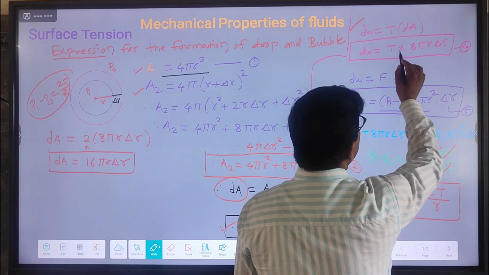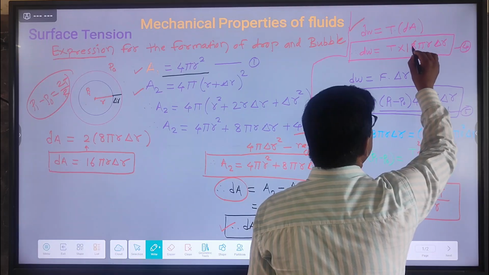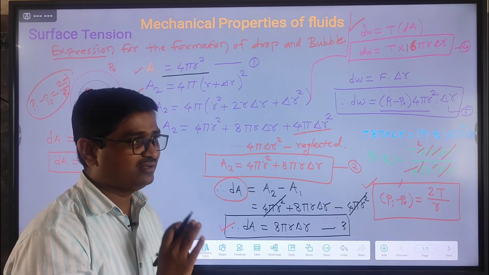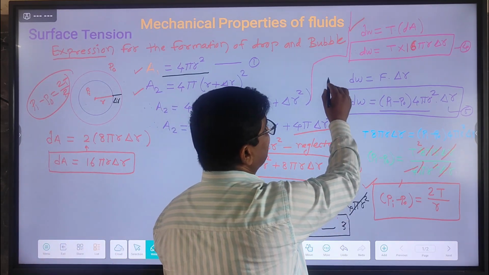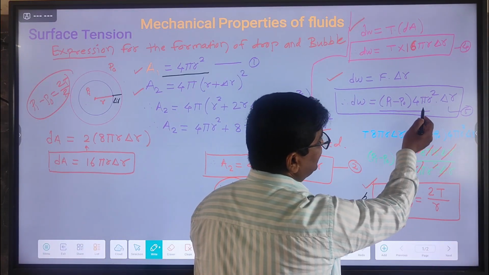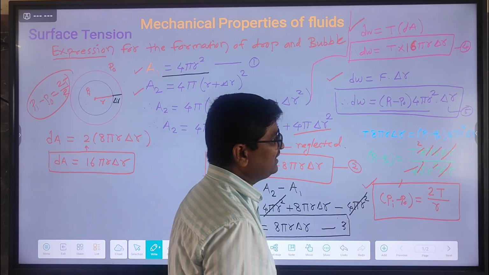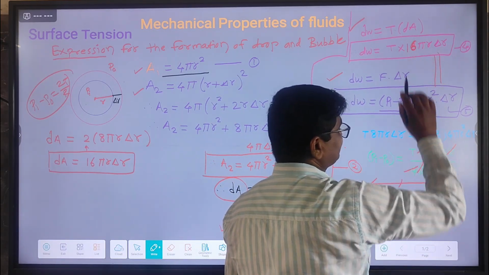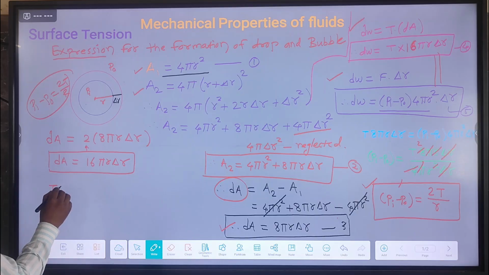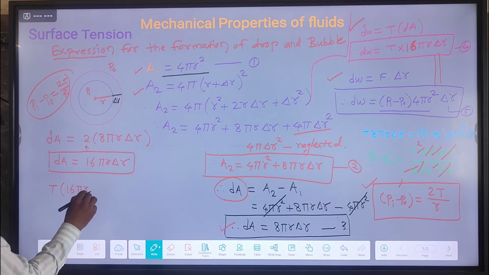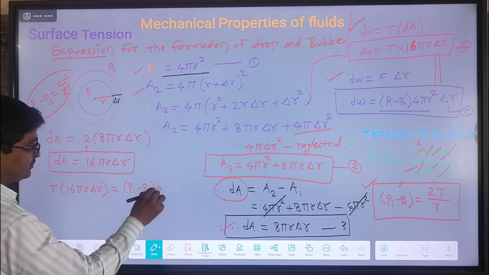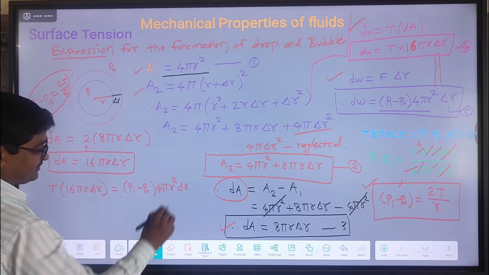So we write dW is equal to T into 16 pi r into delta r for the bubble. This is a very small and simple change. But as per the definition, work done is force into displacement. The excess force is the excess pressure into area, and the change is denoted by delta r. Comparing these two equations, we get T into 16 pi r into delta r equal to Pi minus Po into 4 pi r square into delta r.